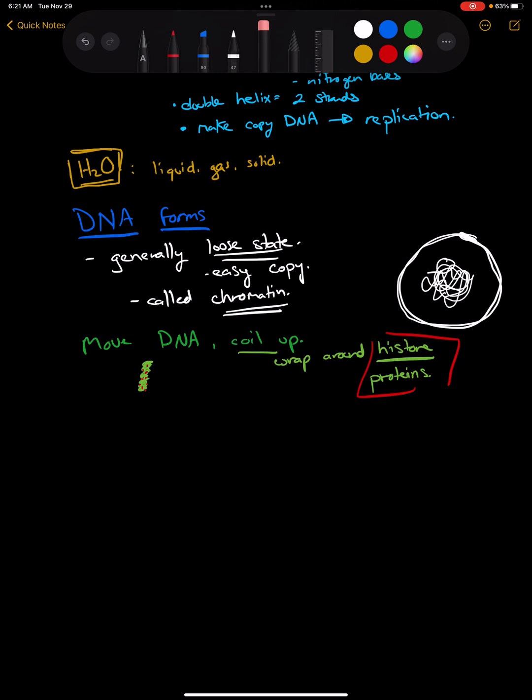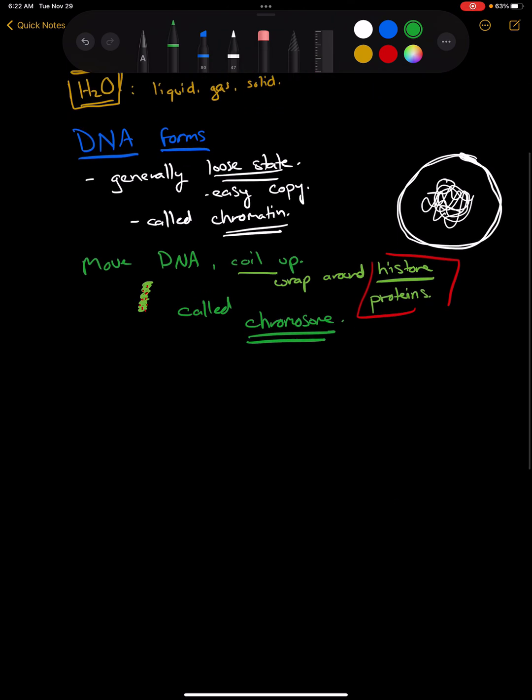That fork is your histone protein, all right? This has a name. This is called a chromosome, okay? This is called a chromosome. So chromatin is when it's loose, and then a chromosome is when it's coiled up, right?